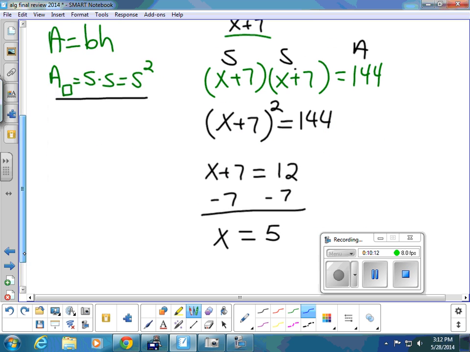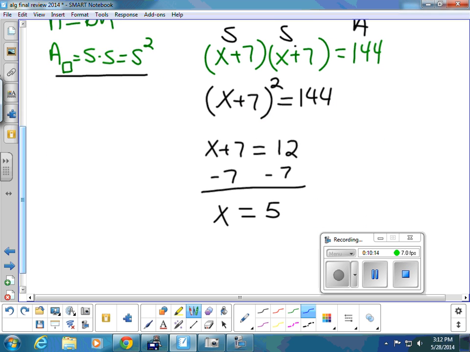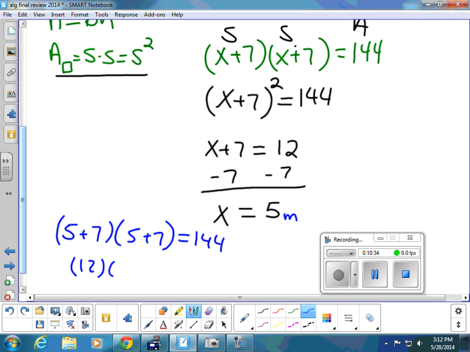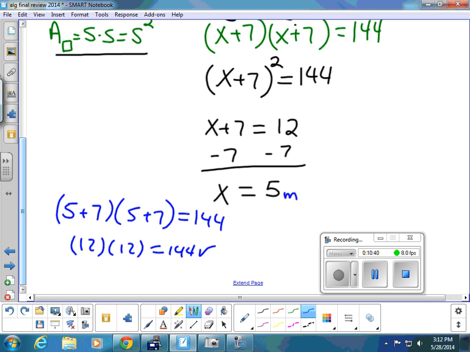So down here, x equals 5 meters, and that should be the side of the original park. Well, let's see if it checks out. Is 5 plus 7 times 5 plus 7 equal to 144? Yes, it is, because 12 times 12 is 144. That's a quick check, an acceptable check. And then you would write your answer out.